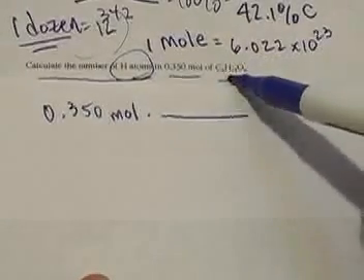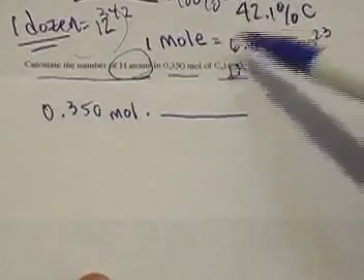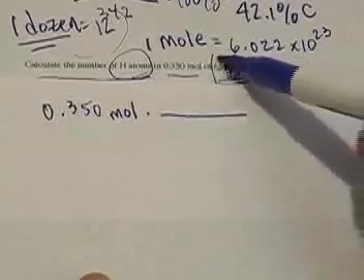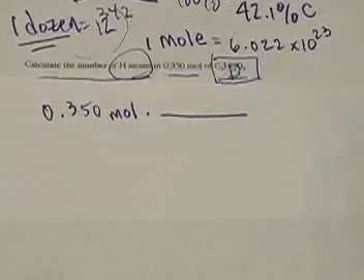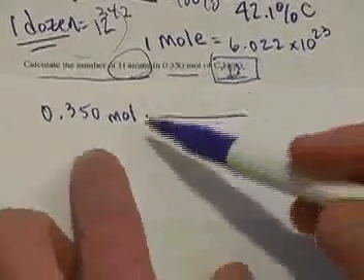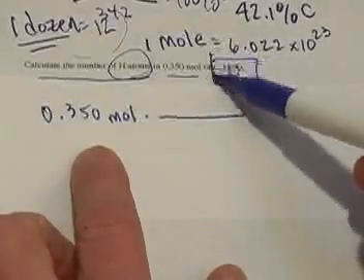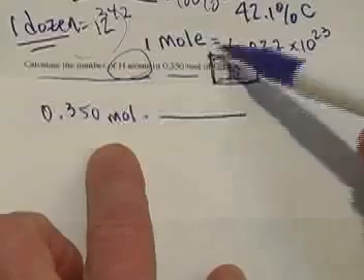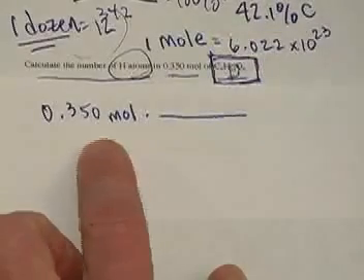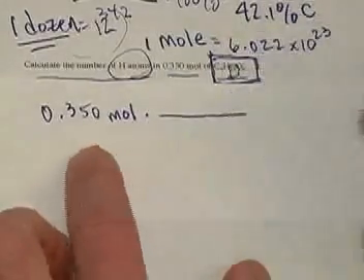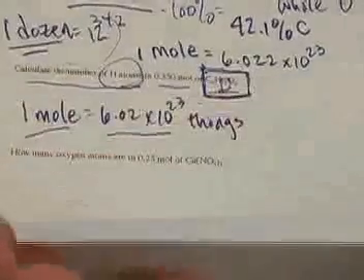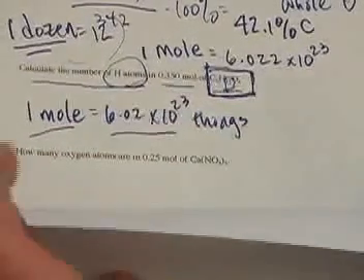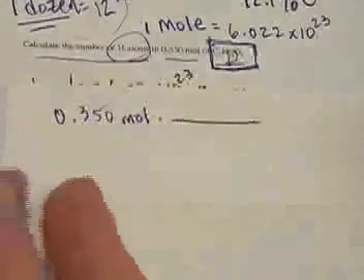If I look, there are 12 hydrogen atoms in one formula unit, or in 1 molecule of C6H12O6. So the first thing I'll do is convert to molecules or formula units of C6H12O6, which is called glucose. And the relationship that I just learned is that in 1 mole there are 6.02 times 10 to the 23rd things.